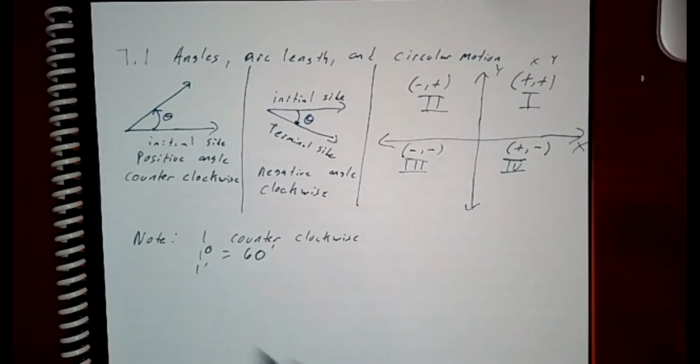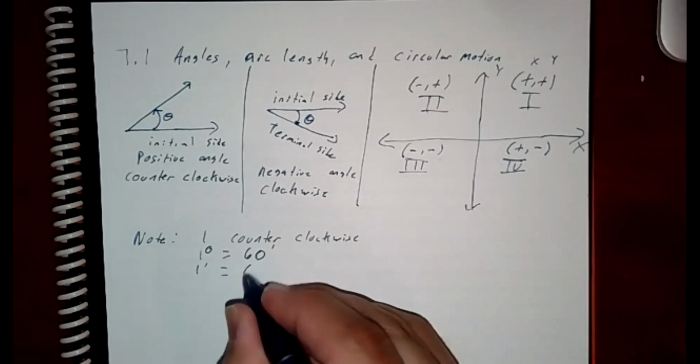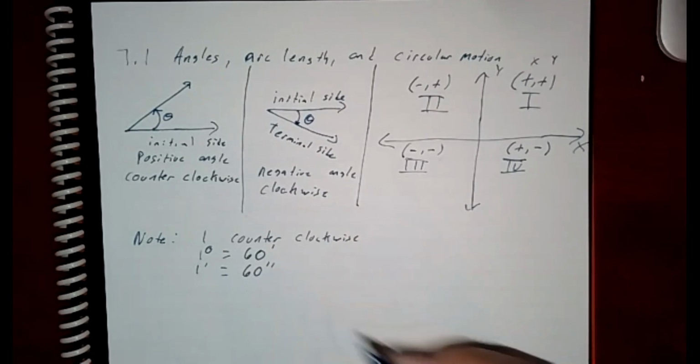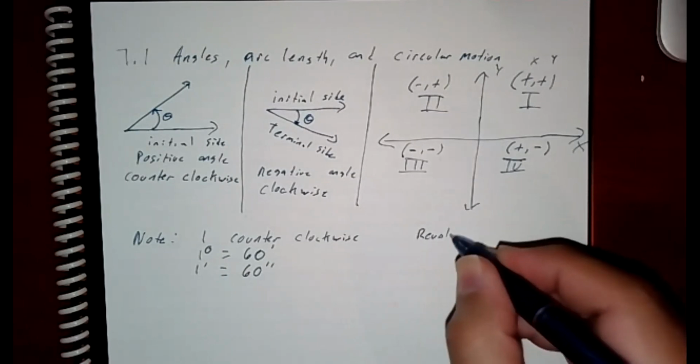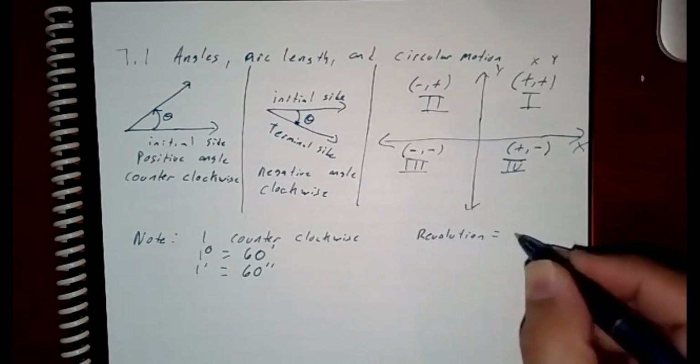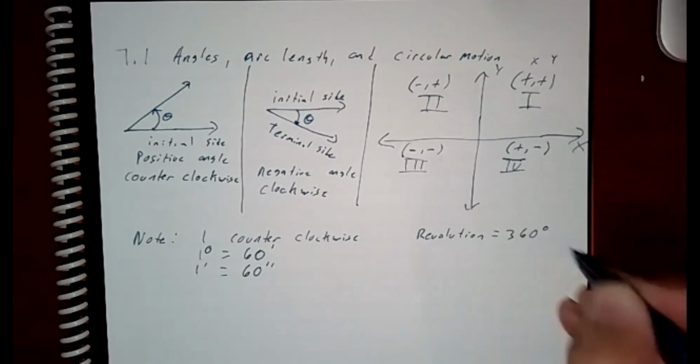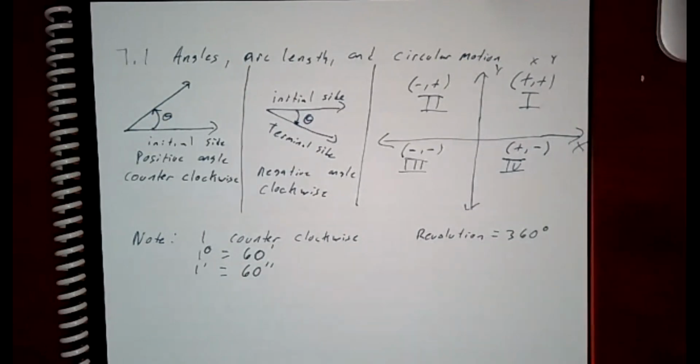One minute is equal to 60 seconds. Quick note, one revolution is equal to 360 degrees. So that'll come up later.